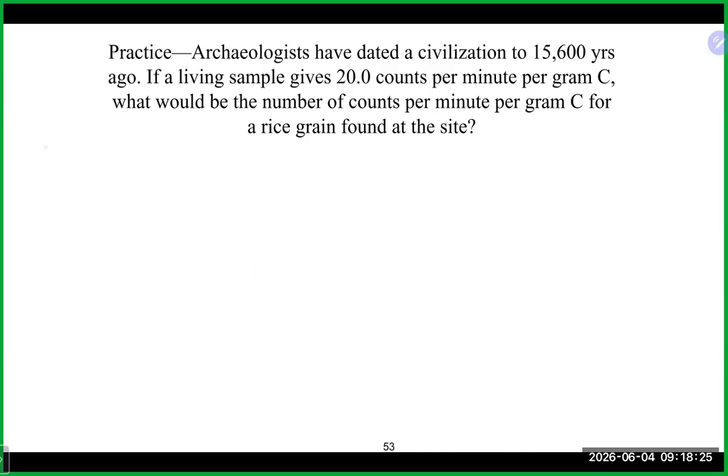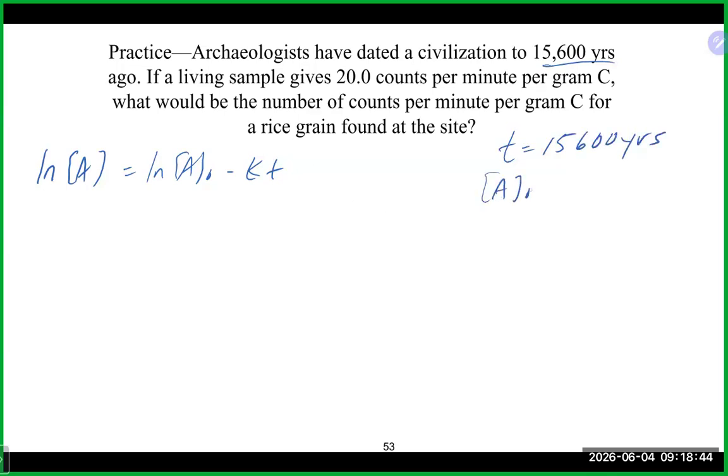Again, we're going to roll with our first order equation here. We have our time, which is 15,600 years. We have a living sample, so that seems to be the initial. And this is another unit of radioactive decay, so this is 20 counts per minute per gram of carbon.